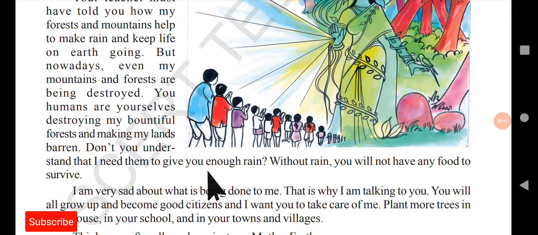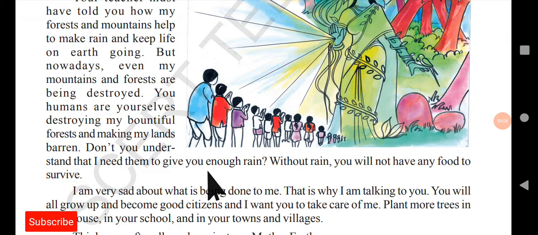Barren lands are a type of land which is not used for cultivation, not at all useful for cultivation. So the human population is cutting the forests and making the lands barren, and there is no use of that barren land.